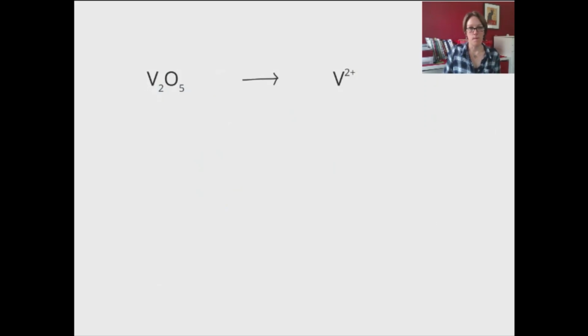Another example, so we've got V2O5 on the left, V2+ on the right. First thing I'm doing is balancing the atoms. So because it's 2 lots of vanadium on the left, I'm going to need 2 lots of individual vanadium ions on the right hand side. So it's vanadium, the thing that is changing.